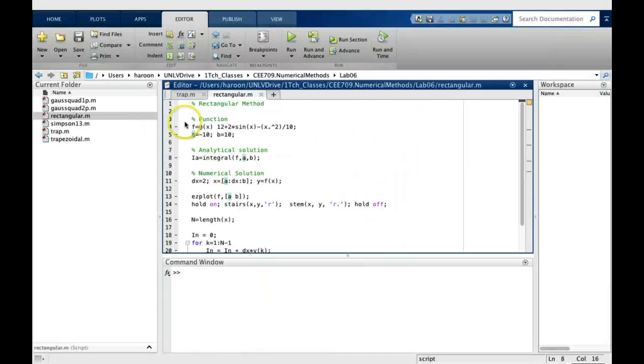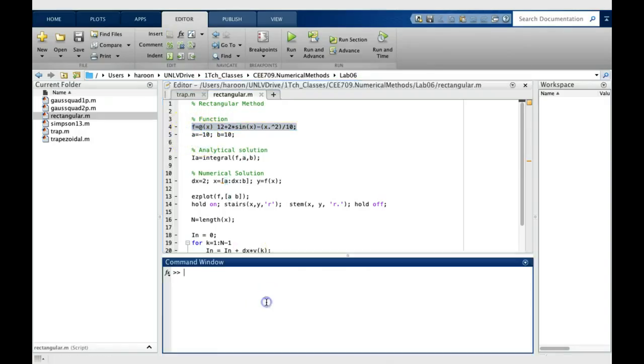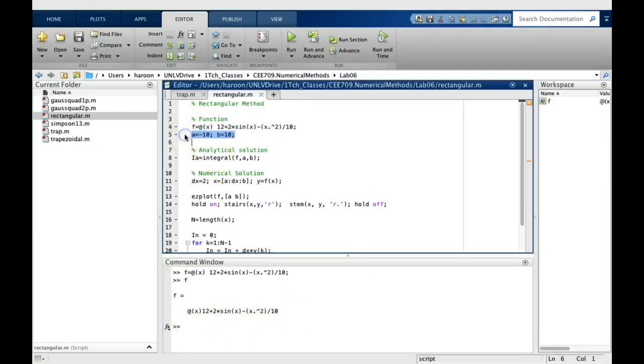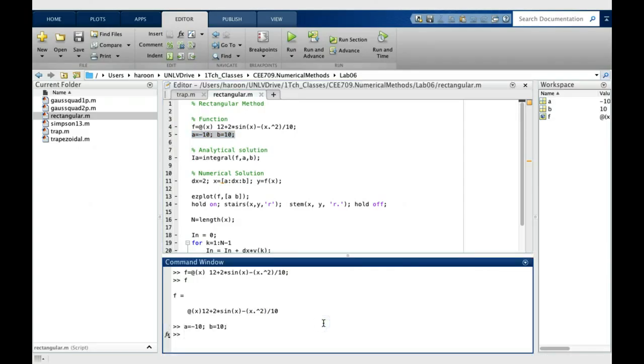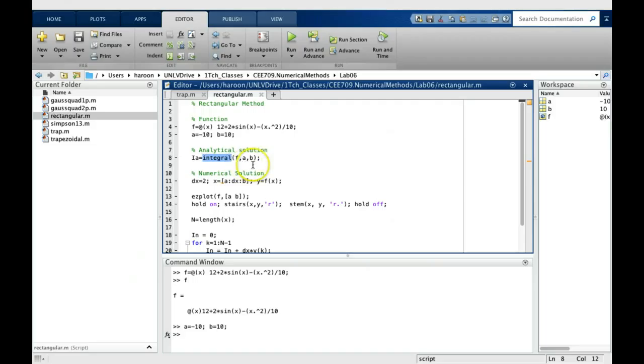So let's start the MATLAB code, and here I have already defined some variables. Here's the function, our 12 plus 2 sine x minus x squared over 10, and a and b are the limits over which we try to integrate. Now at this point I'd like to teach a function called integral in MATLAB.